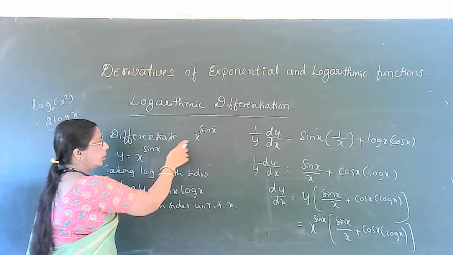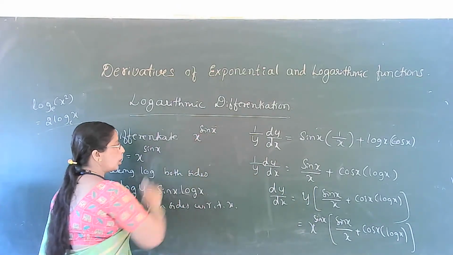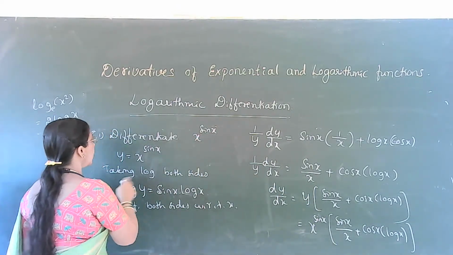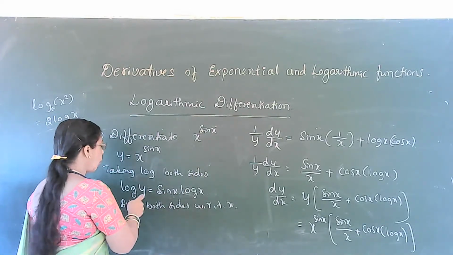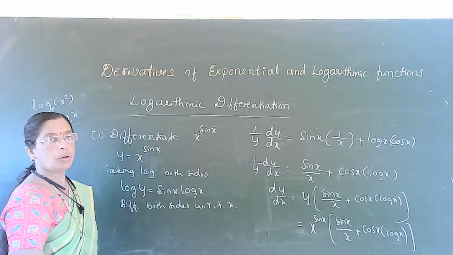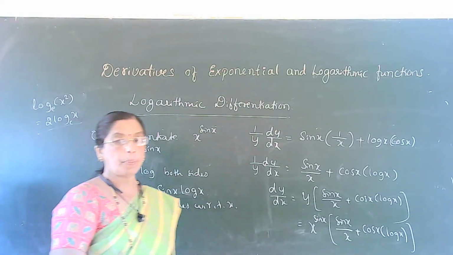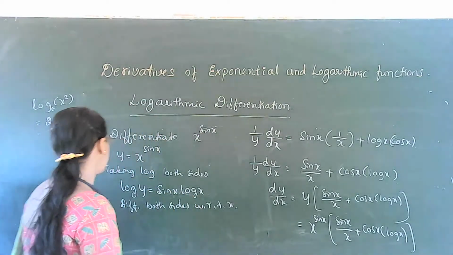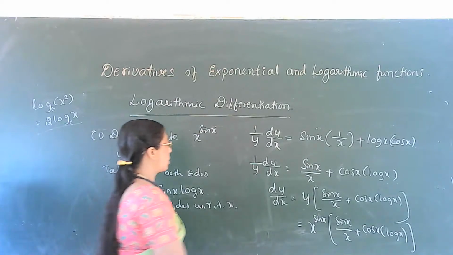We differentiate this type of function, with a function in the power, by taking log on both sides, getting log y is equal to sin x into log of x by using the properties of logarithmic functions. Then differentiate both sides with respect to x.